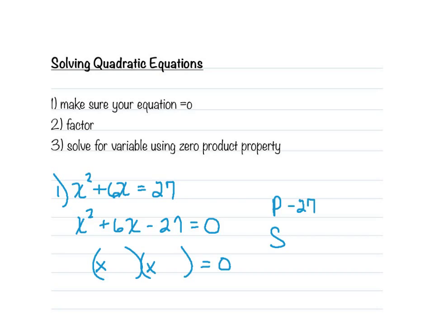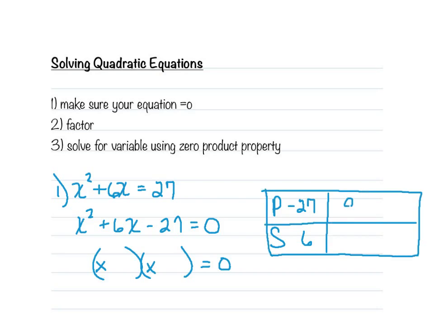The sum of those numbers is positive 6. When I guess and test, I come up with my two numbers. My two numbers are positive 9 times negative 3, positive 9 plus negative 3. So when I factor, I get x plus 9 and x minus 3 is equal to 0.